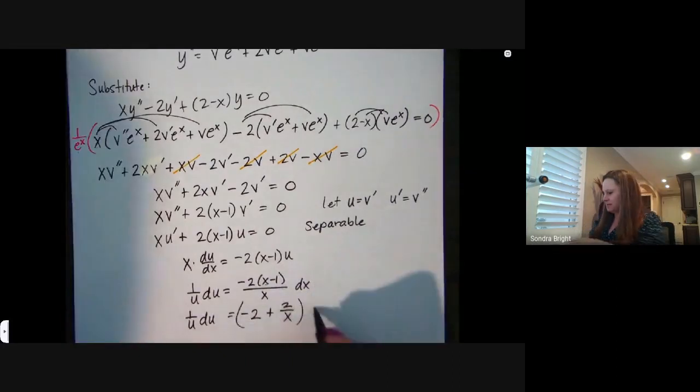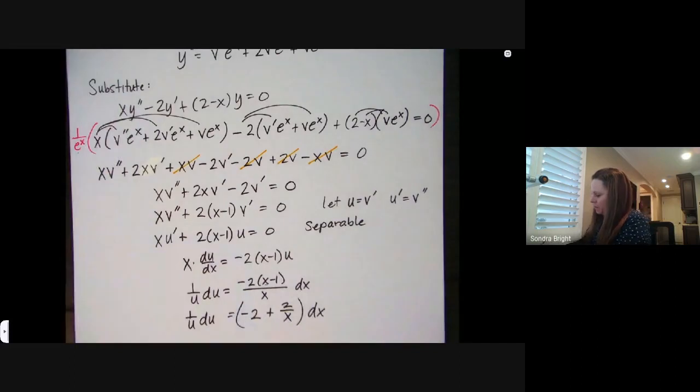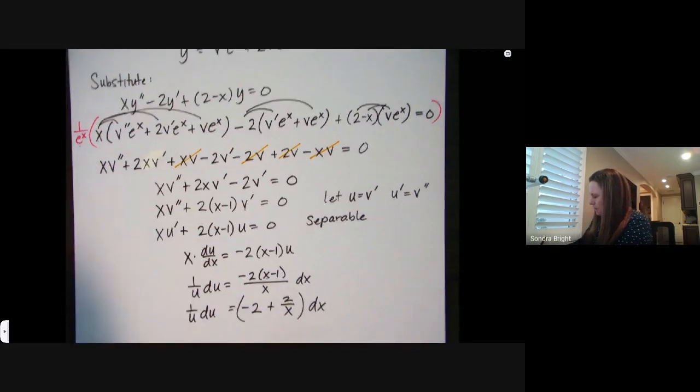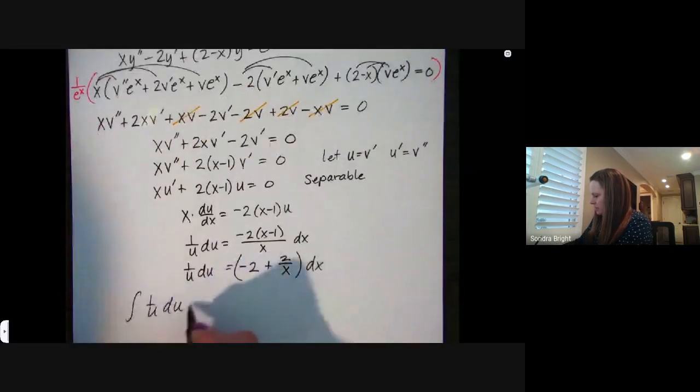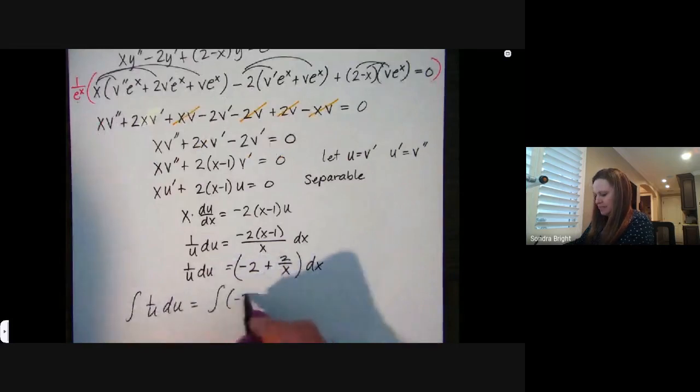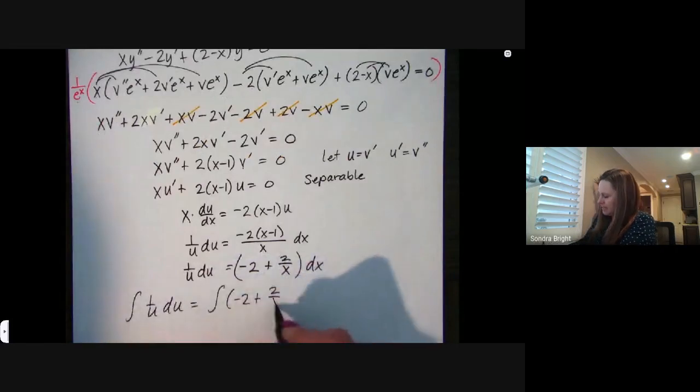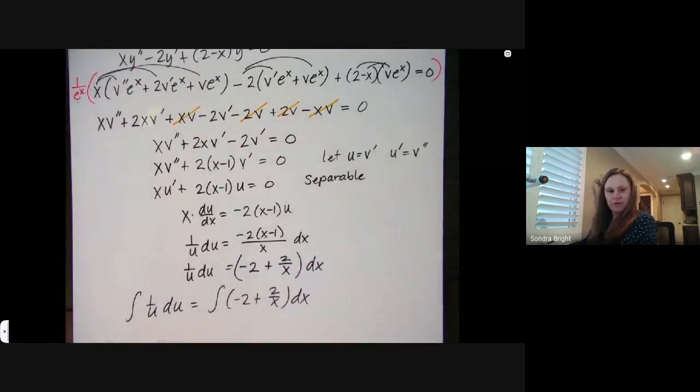That makes sense. All right, so now when I choose to integrate both sides, 1 over u du is equal to the integral of negative 2 plus 2 over x dx. The left-hand side is the natural log of the absolute value of u.